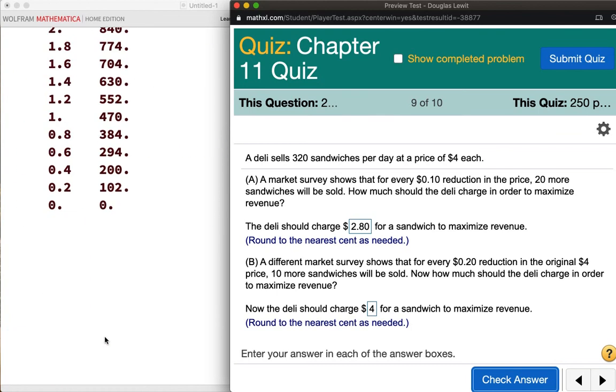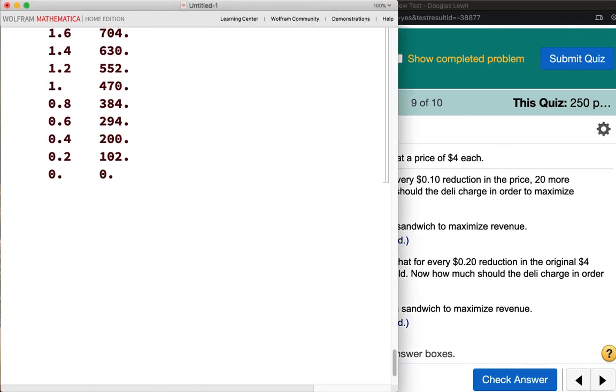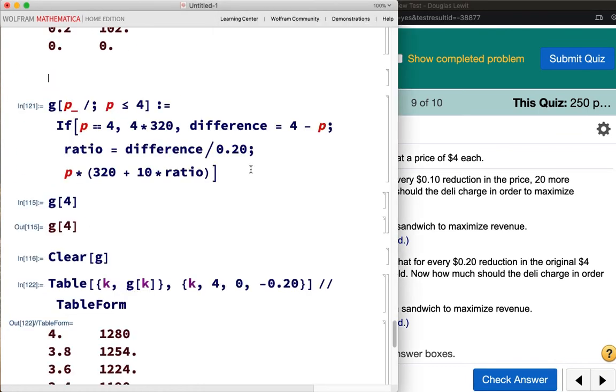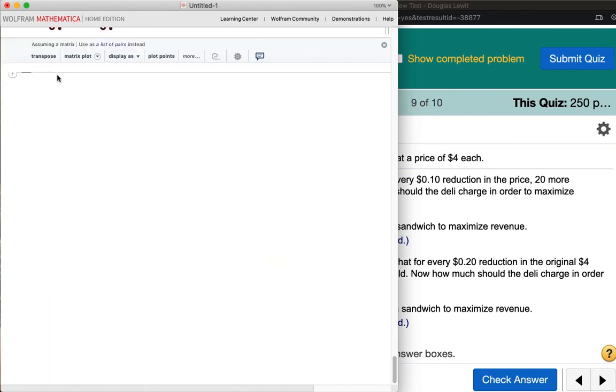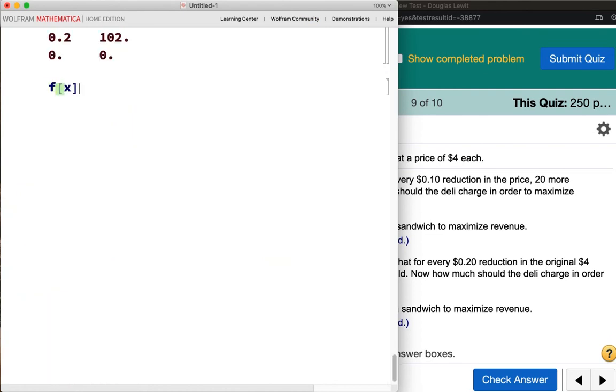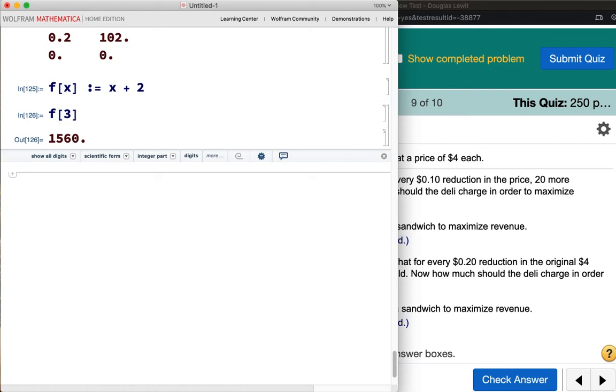So if I were to do this, for example, okay, that's not what I want. I don't want my cursor over there. Hold on 1 second. Let me just delete that. If I have a function, for example, f of x is equal to x plus 2, it doesn't make any sense.